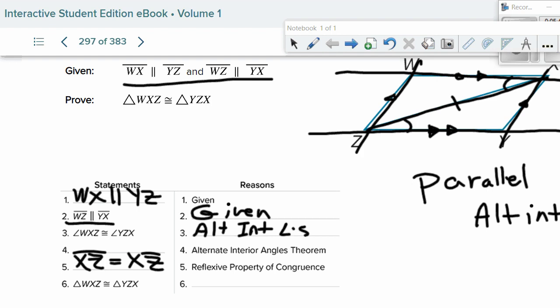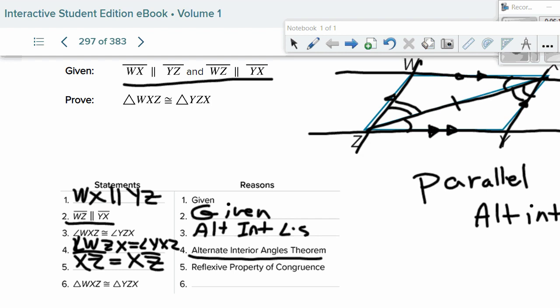Okay. But I can also then say it here. I could say these two are equal to each other by the same reason. So that's what they give here. I just need to identify the angle. So I'm going to go angle WZX is equal to angle YXZ.